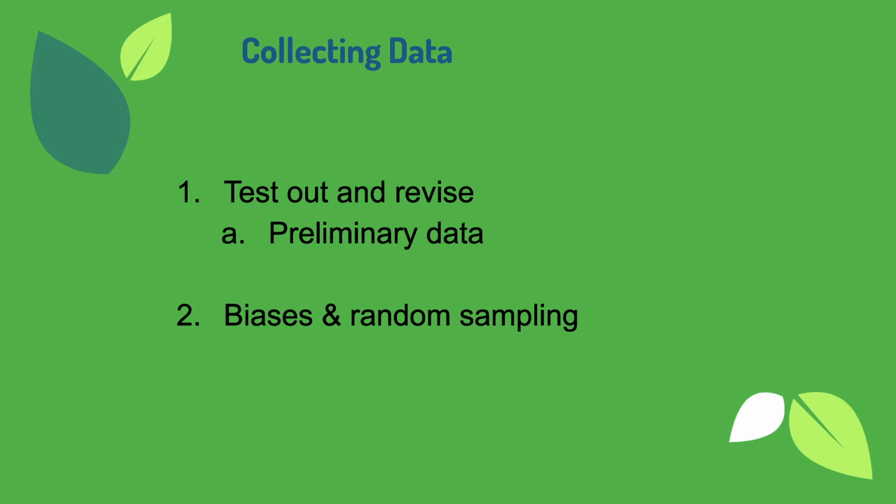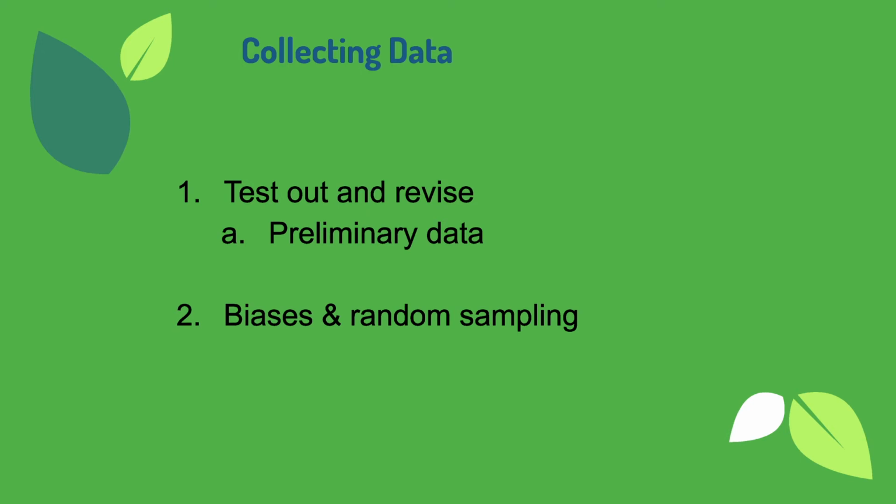This is what they use to see how well their experiment and methods are working so that they can make adjustments so that the rest of their experiment runs really smoothly. The first time you go out and collect data, think about how you might be able to improve your experiment and then make those changes to your methods.